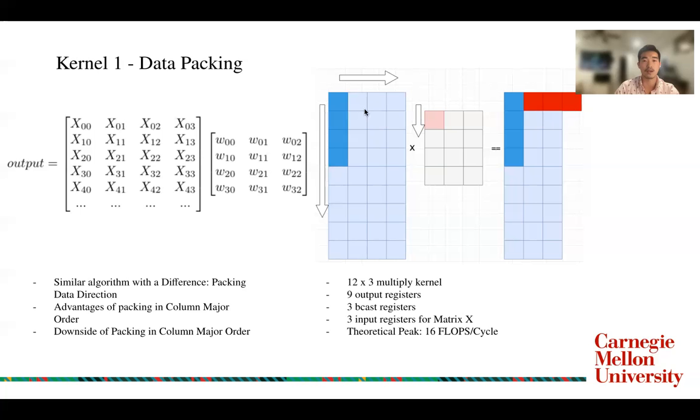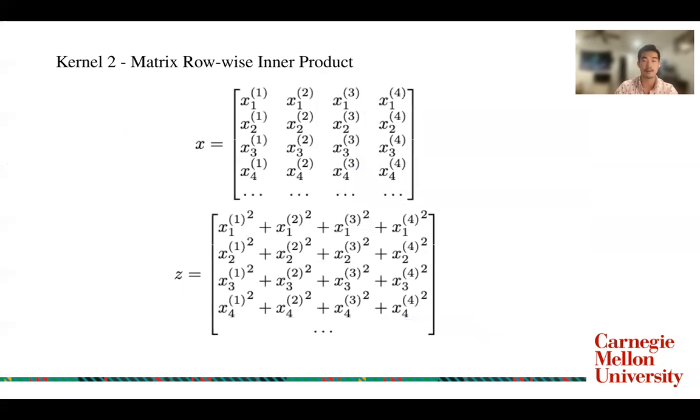So we pack everything in column major order, and then broadcast one single element of the B matrix, hopefully looking for the optimal result. As a result, we're using 9 output registers, 3 broadcasting registers, and 3 input registers, a total of 15 registers out of the 16 registers available. Our theoretical peak is 16 flops per cycle. With that being said, I'll transfer you to kernel 2, presented by Jiajun Wang.